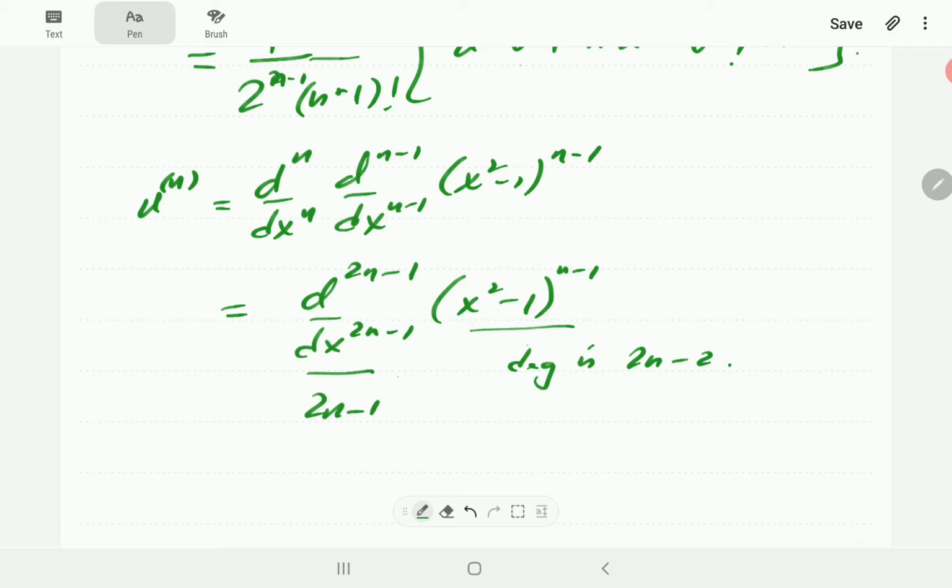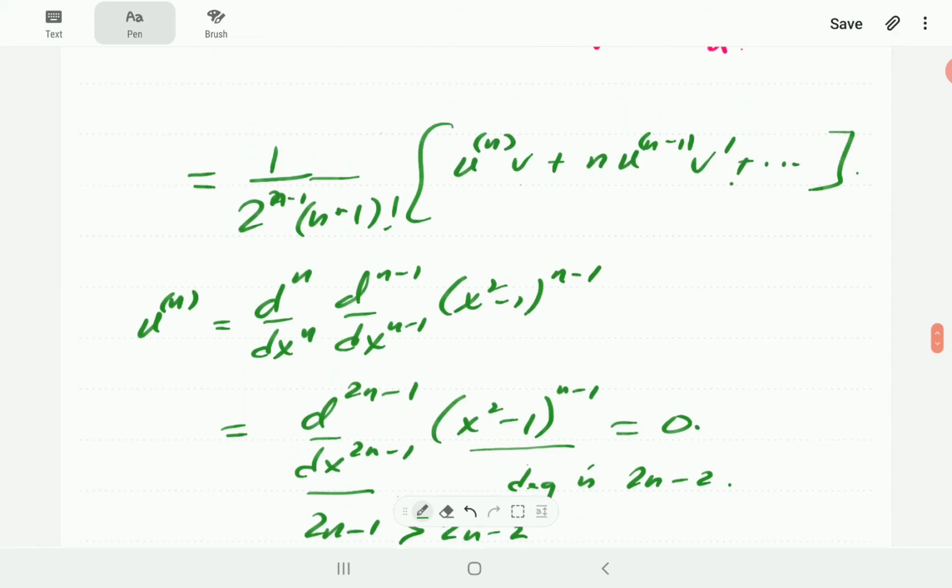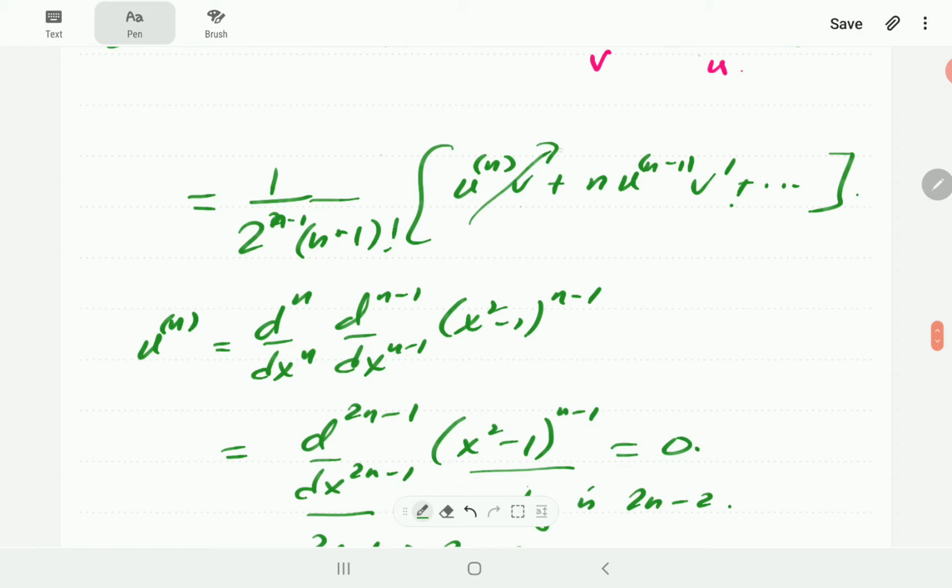Now you're going to notice that 2n minus 1 is greater than 2n minus 2. So that means this is going to be equal to 0, because you're taking a polynomial and differentiating it a number of times bigger than its degree. So that means this first term here is going to be equal to 0.